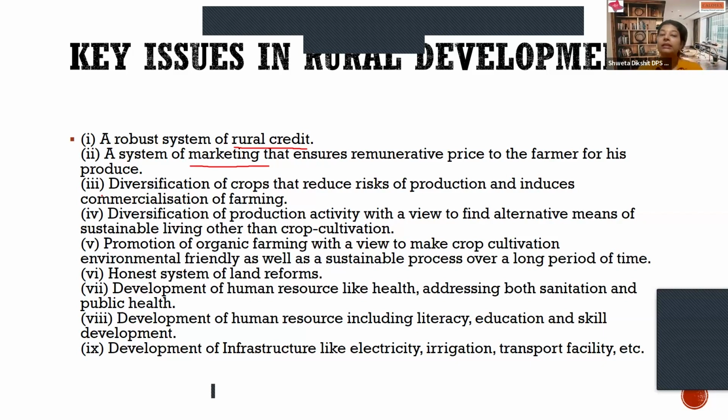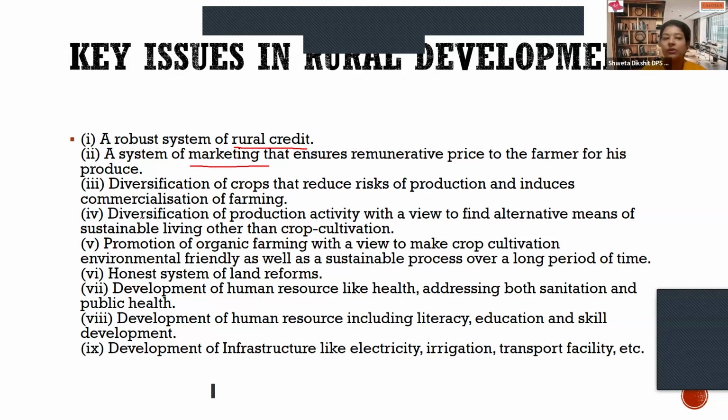I repeat, subsistence farming is a method of farming in which the farmer grows the produce only for the satisfaction of the family. There's no marketable surplus in it. Whereas when you're talking about the commercialization of farming, you also talk about the marketable surplus. This I'll tell you in the next topic. Then comes diversification of production activity. That means alternative means of livelihood.